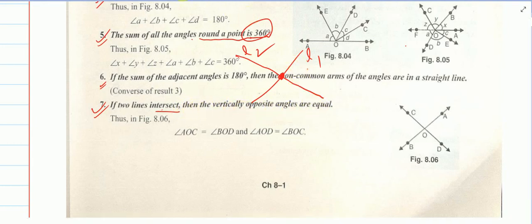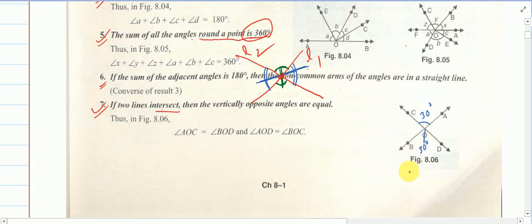Here it's trying to say that in this case this angle will be equal to this angle, vertically opposite. And this angle will be equal to this angle, vertically opposite. So let's say in this one, if this is 30 degrees, then this will also be 30 degrees.